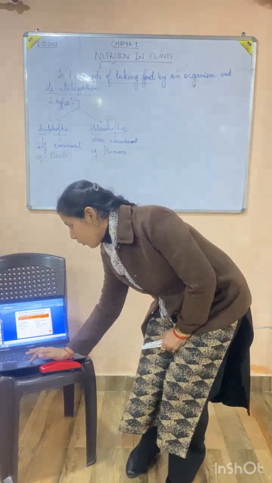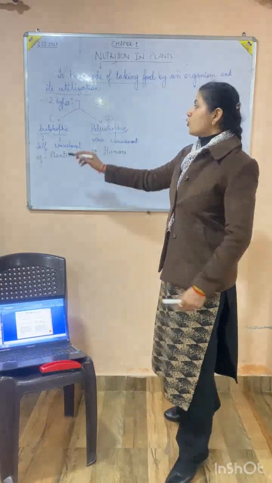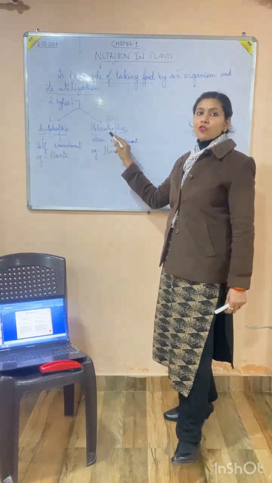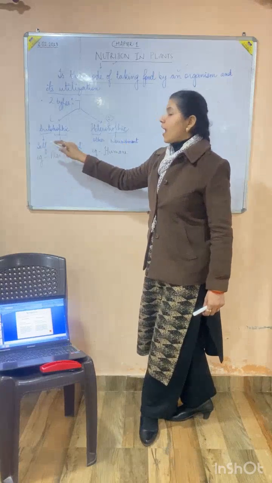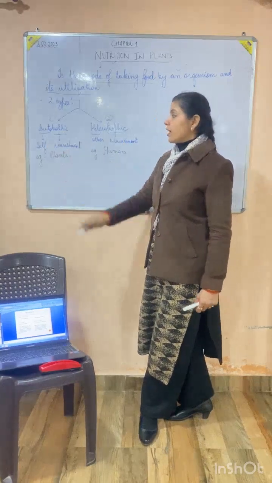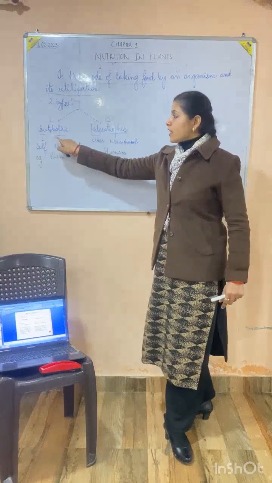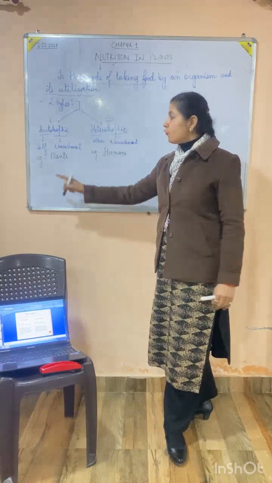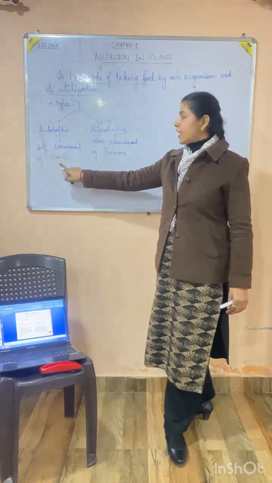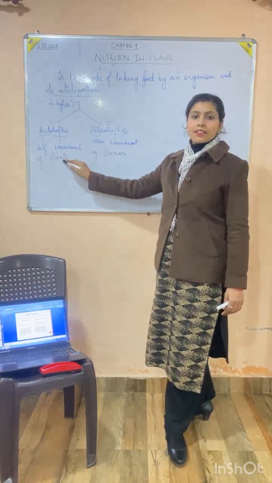According to the nutrition, we divide into autotrophic nutrition and heterotrophic nutrition. Auto means self and trophic means nutrition, that means self-nutrition. The organisms which prepare their own food for their survival are called autotrophs. Example, plants.